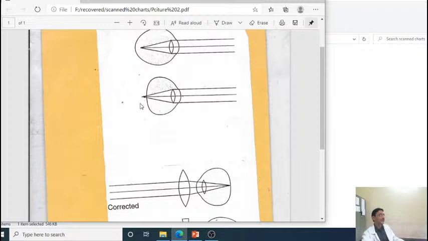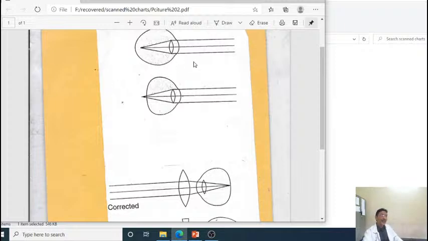The second could be a change in the refractive index of the conducting system, the liquids present there. If there is any change in the refractive index of the aqueous humor and the other fluids present there, the image can form in front of or beyond the retina.